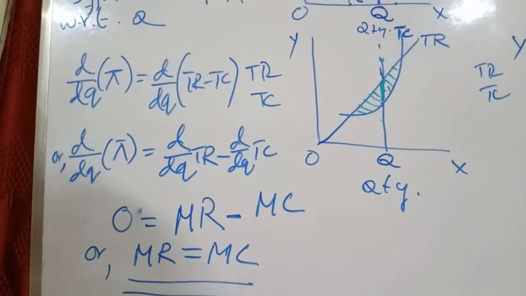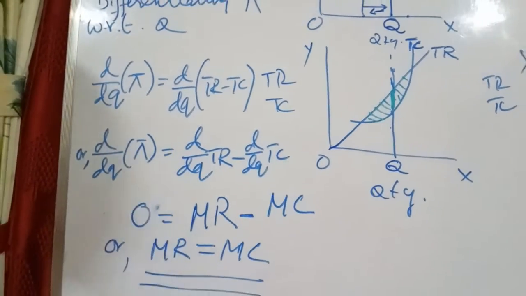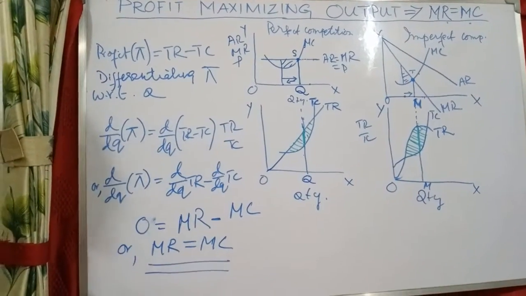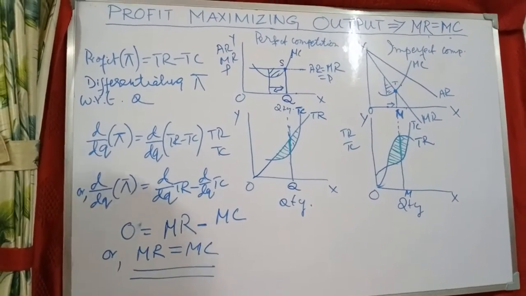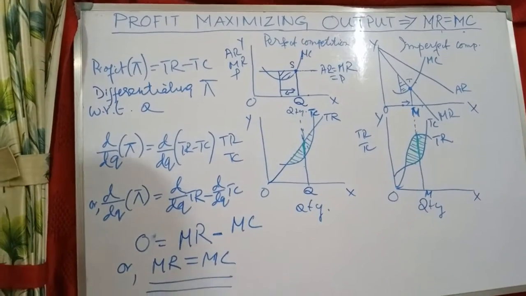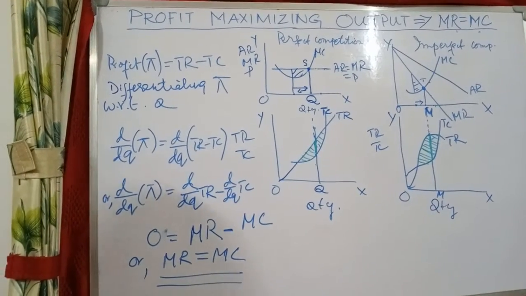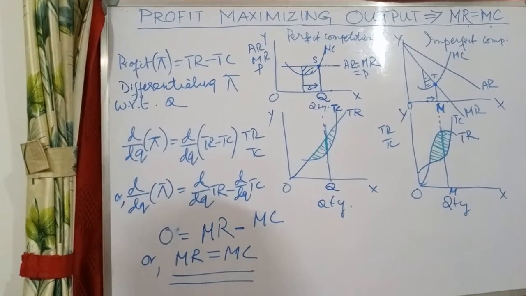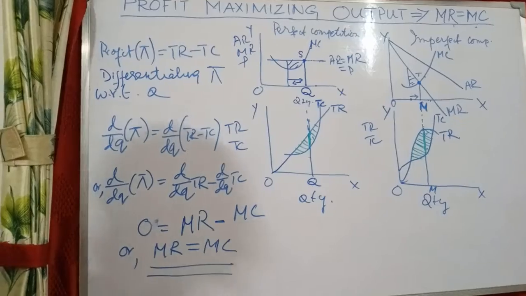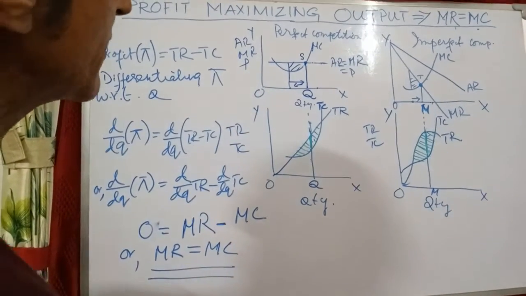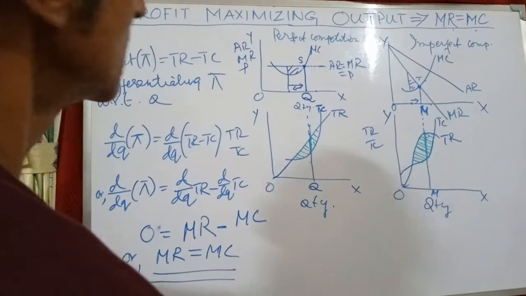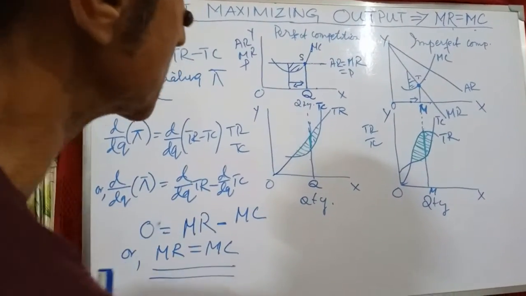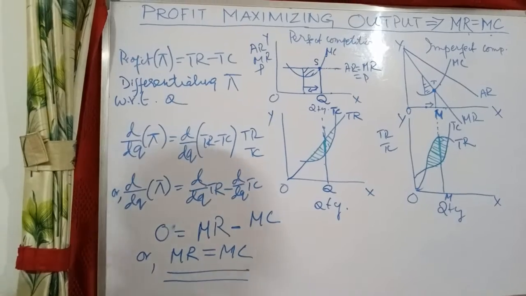So this is the interpretation through calculus, and this is the diagrammatic representation of the profit maximizing output of the producer. The producer maximizes his profit when marginal cost becomes equal to marginal revenue. Producing anything beyond the point where MR becomes equal to MC will reduce the producer's profit. Okay.